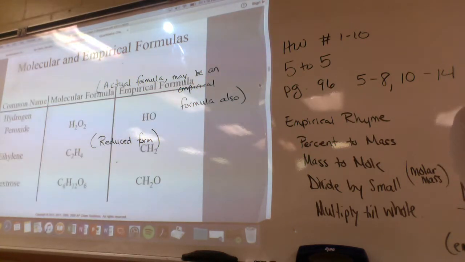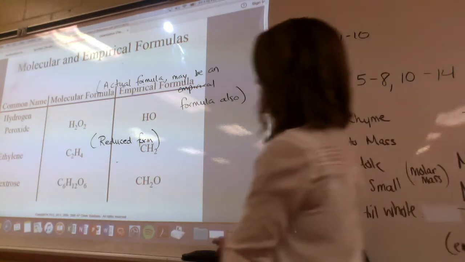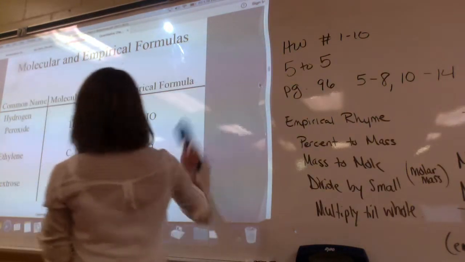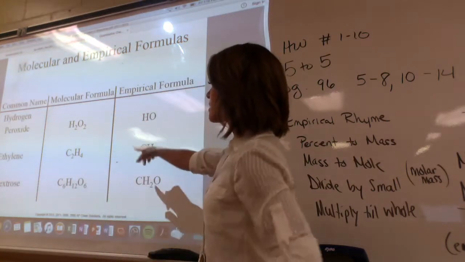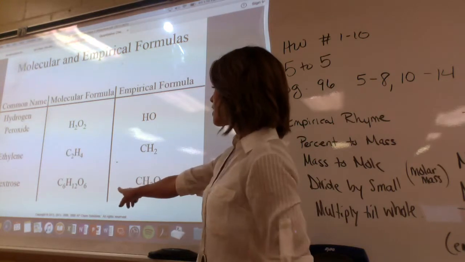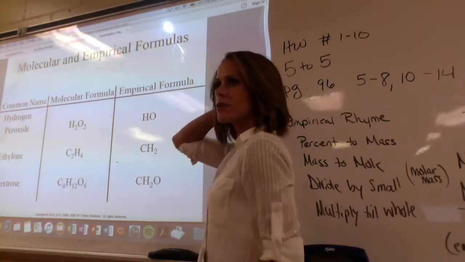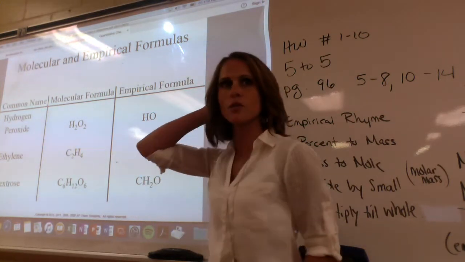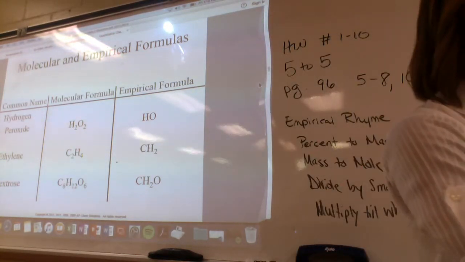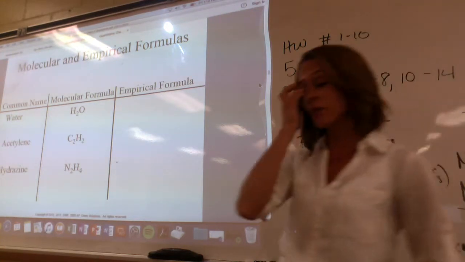All right. Looking at these examples, we have hydrogen peroxide is reduced to HO. C2H4 is reduced to CH2. Dextrose, reduced. So you just take your subscripts and reduce them if possible. If it's not possible, then it's already reduced. It's still the empirical. Go ahead and jot down the empirical formula for each of these.